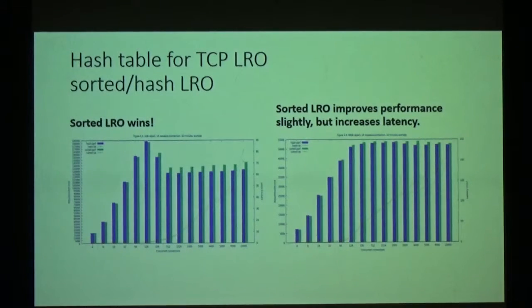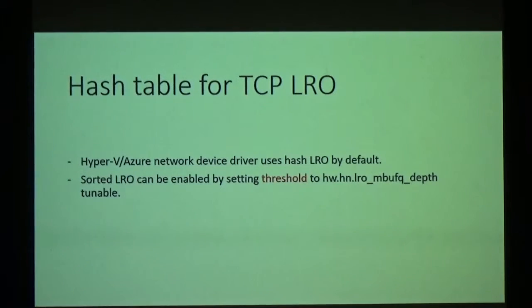So these two pictures primarily mean you will have to test your own workload before you enable the sorted LRO. LRO is good, but depends on your use case and your settings. So you will have to test various settings like the threshold for your own workload, and maybe you can just use the hash LRO, which is pretty good for almost all cases.